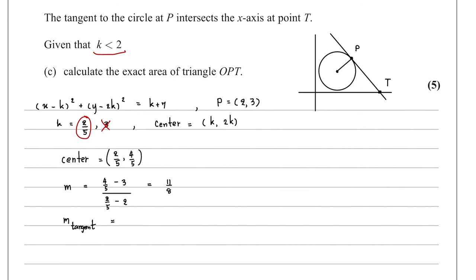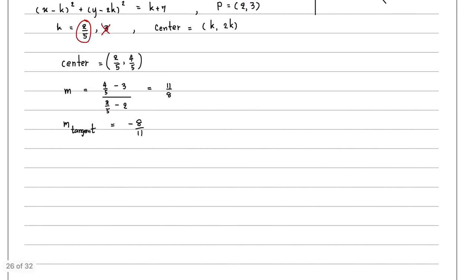So m tangent has to be negative 8 over 11. And we know the gradient of this line, and we know the point on the line, which is point P. So then we can find the equation of the tangent, which is y minus 3 equals negative 8 over 11 times (x minus 2). And we can rearrange this equation to be 11y plus 8x equals 49.